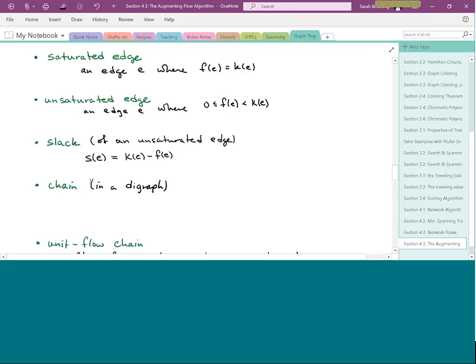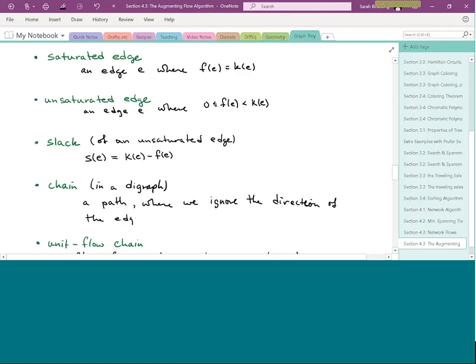Okay. Now, a chain is simply a path in a digraph where you ignore the direction of the edges.